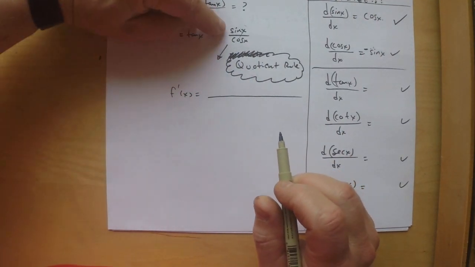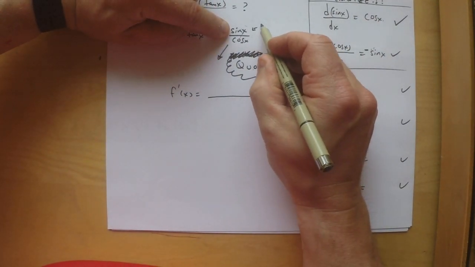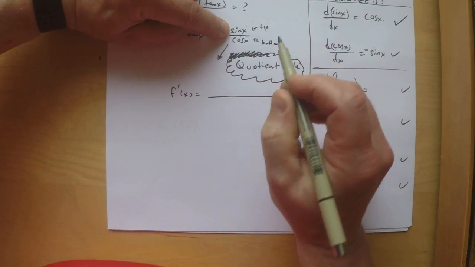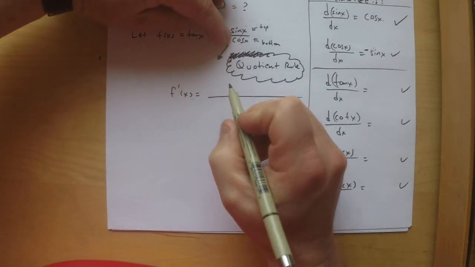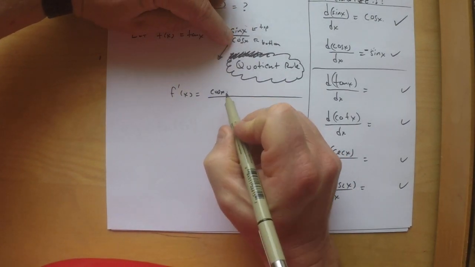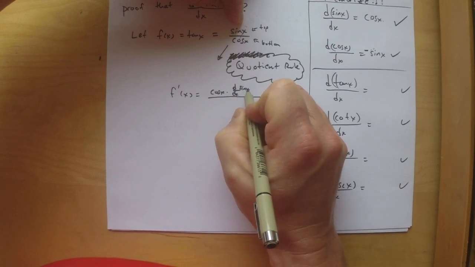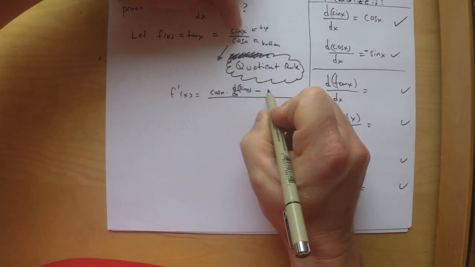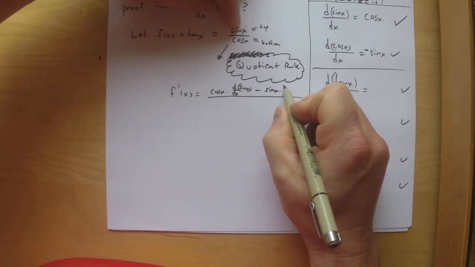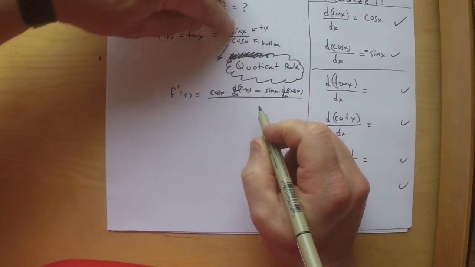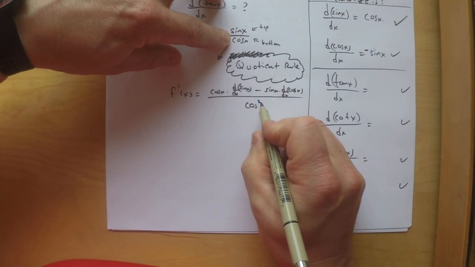So if I use the quotient rule on this, where remember this is my top function, this is my bottom function. The quotient rule is the bottom function, so cos of x, times the derivative of the top function, so it'll be the derivative of sine, minus the top function times the derivative of cos, all over the bottom squared.